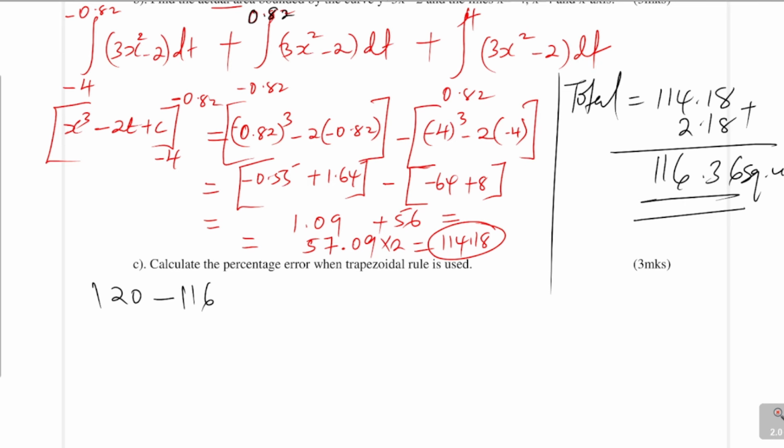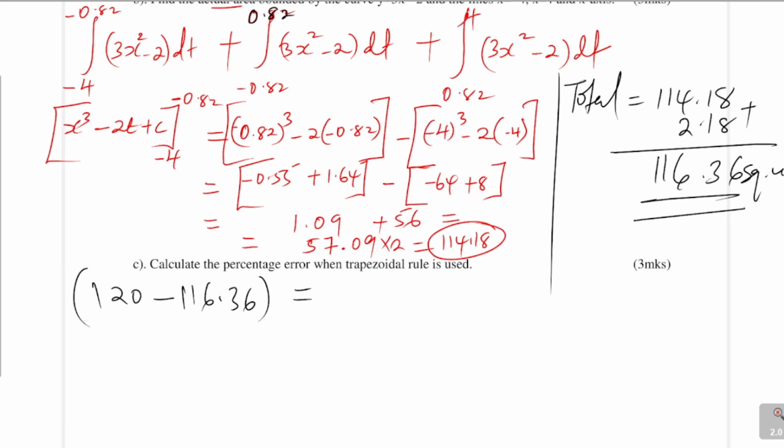Remember, we take the absolute value. So if you decide to take the actual subtract the trapezoidal, only consider the positive. So 120, subtract 116.36. That will give us the error.